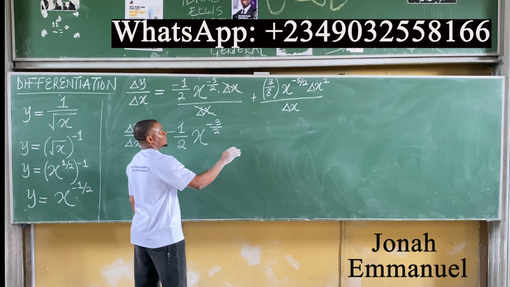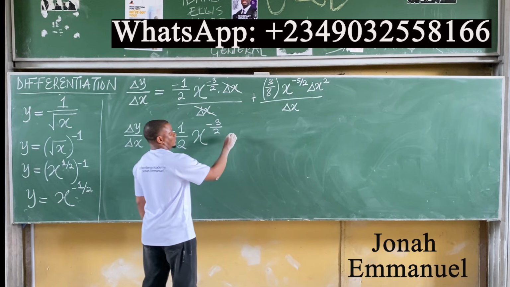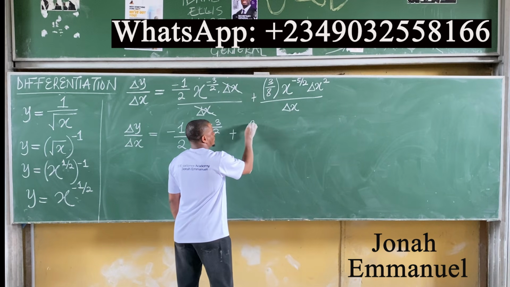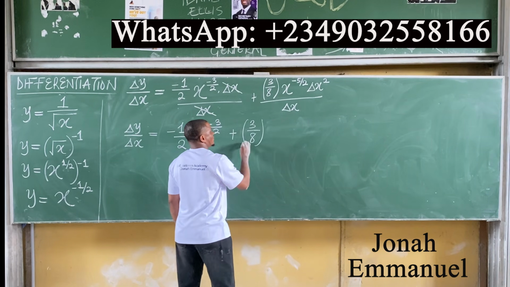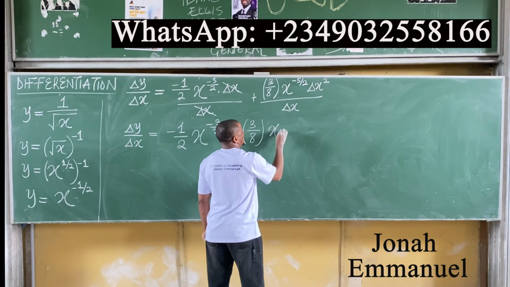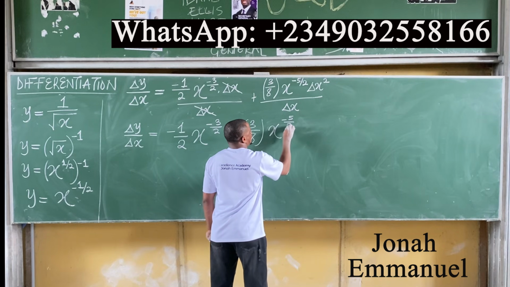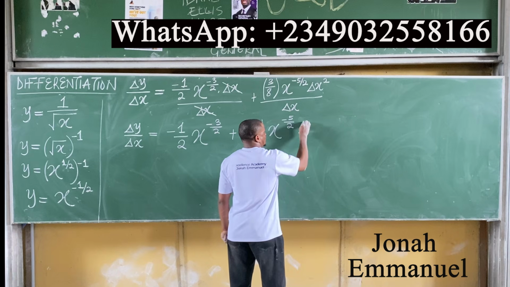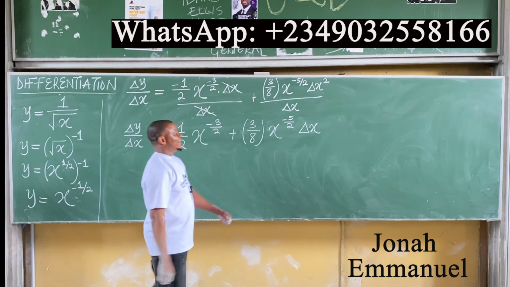This is gone. This is all over 1, so it's gone. Plus, what do you have here? This becomes 3 over 8 into x to the power minus 5 over 2. This cancels this. I'm left with change in x. What's your final step?